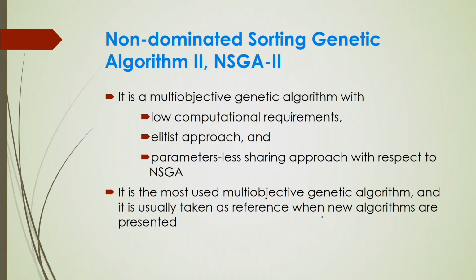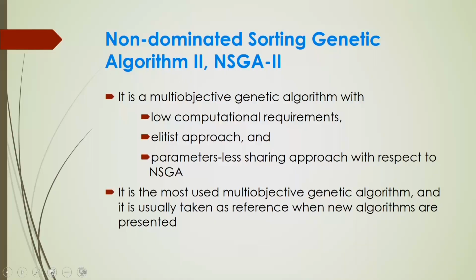Now, what is the non-dominated sorting genetic algorithm? It is denoted by NSGA-II. It is a multi-objective genetic algorithm with low computational requirements, an elitist approach, and a parameterless sharing approach with respect to NSGA.